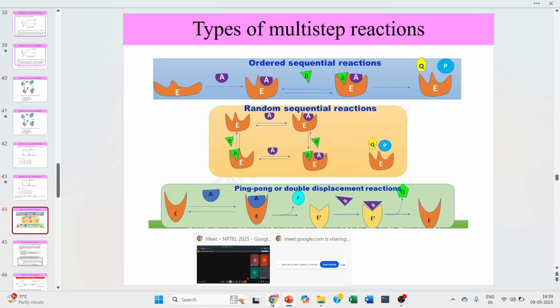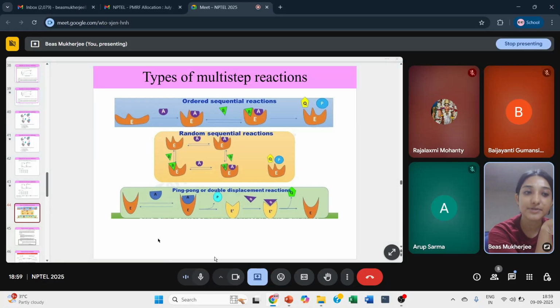Okay. Now we are going to talk about something simple. We have talked about the Michaelis-Menten equations and about allostery. But we know that the Michaelis-Menten equation doesn't hold true when there is a multi-step reaction and when there is allostery, besides other factors.